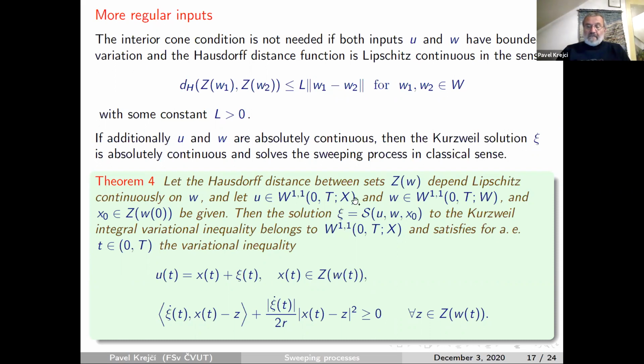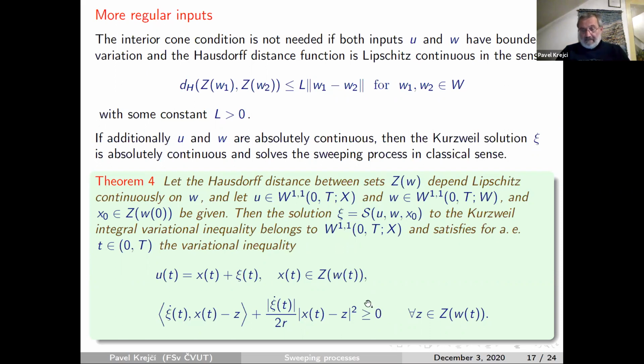So if the Hausdorff distance is Lipschitz with respect to the parameter w, and u and w are in W^{1,1}, then the solution is in W^{1,1} and satisfies the classical variational inequality almost everywhere.